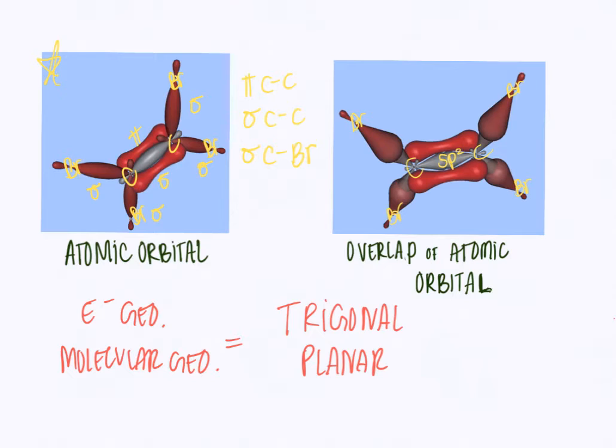Because its molecular geometry is trigonal planar, we know that the bond angle, as we previously learned, is 120 degrees. We also know that the bond between carbon and carbon is a double bond, and this does not change the 120 degree angle in the trigonal planar, so the angles between carbon and bromine here are still 120 degrees.